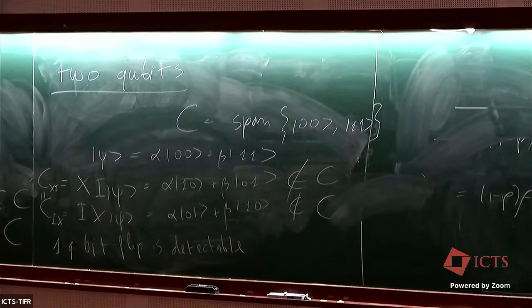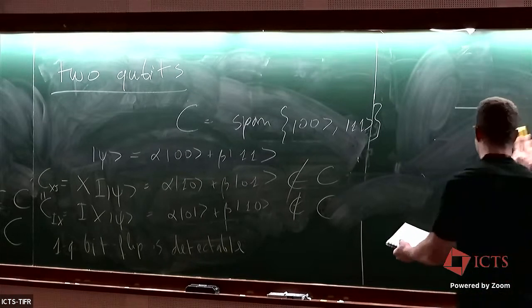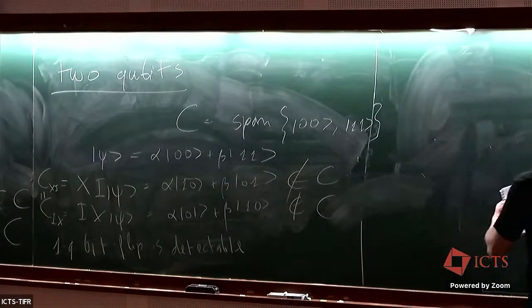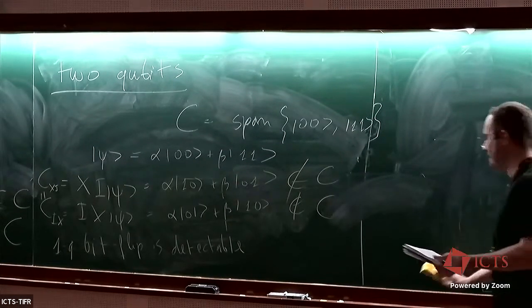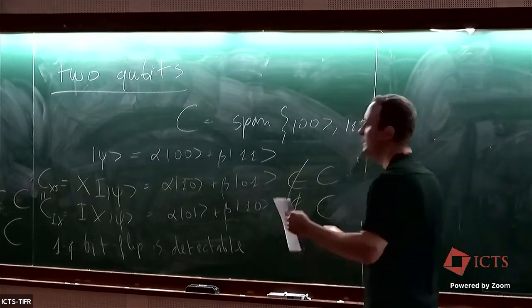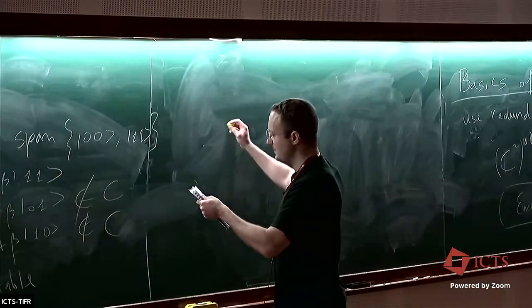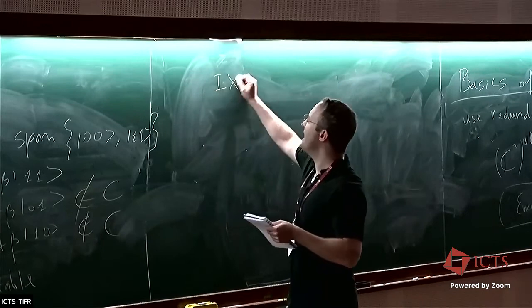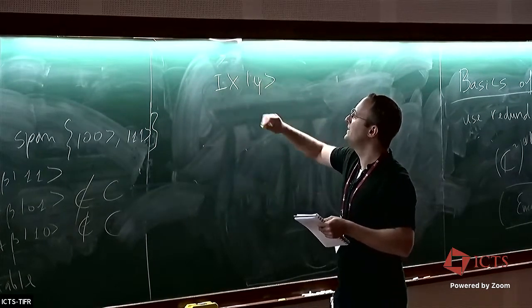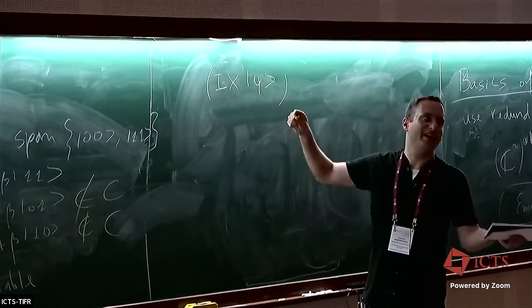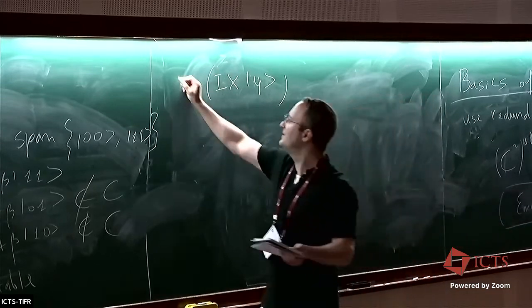That doesn't mean you cannot correct, because maybe it's not a problem. Maybe if I got a bit flip on the first qubit and I correct it by applying a bit flip on the second qubit, maybe this is a trivial operation on the code space. Let's see. Suppose I have IX on ψ, and I don't know if it was IX or XI.